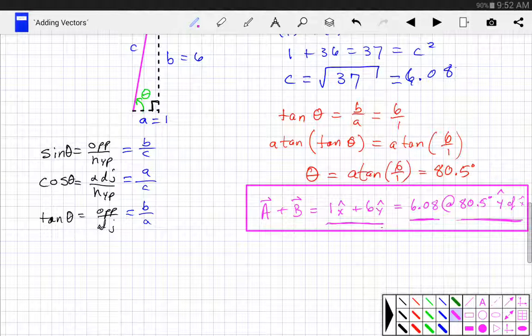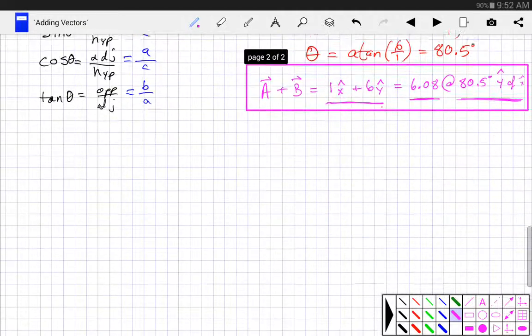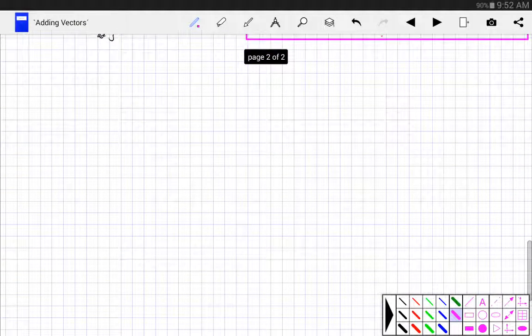Now things can get, of course, more difficult. What if I have this for my starting vectors?